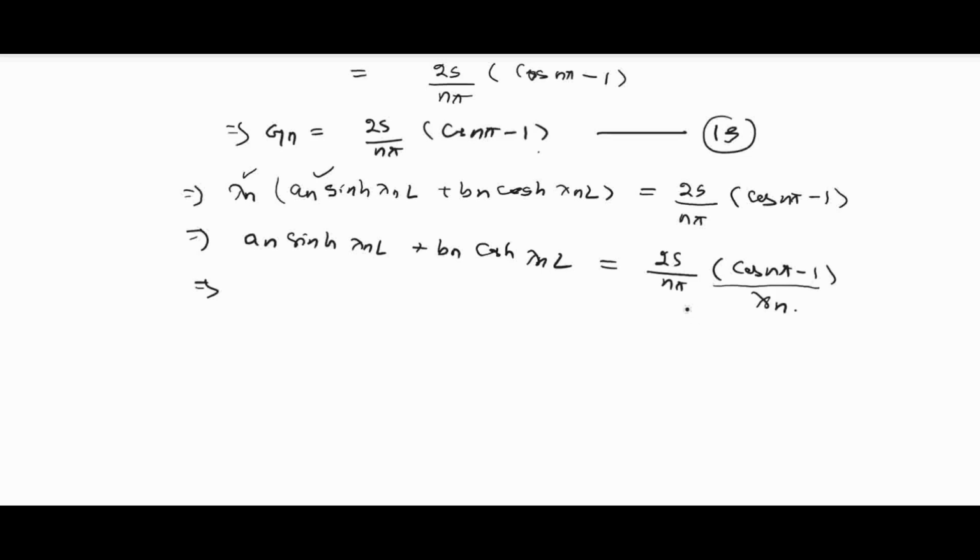Now bn cos h lambda n l is equal to 2s by n pi into lambda n into cos n pi minus 1 minus of an sin h lambda n l.